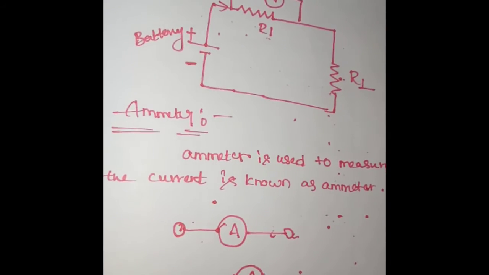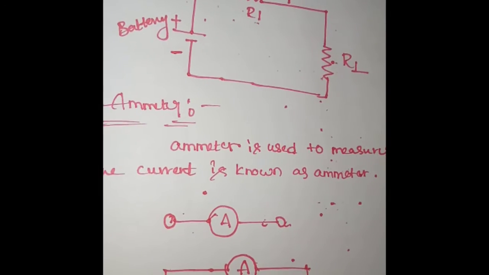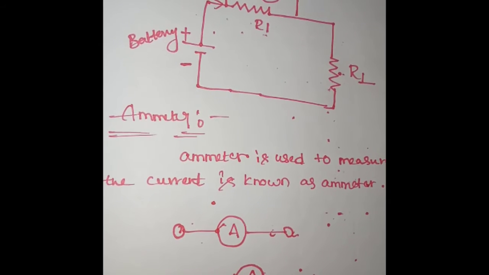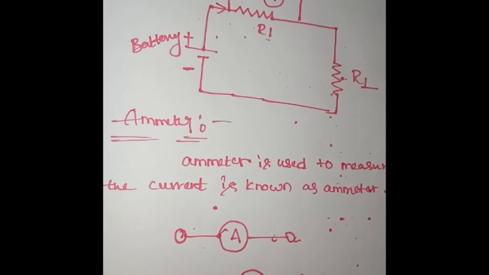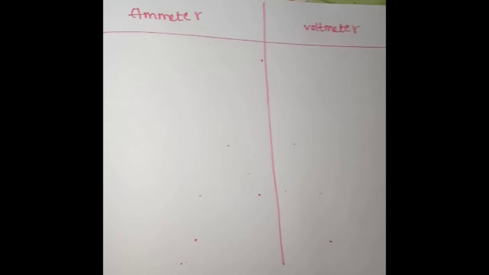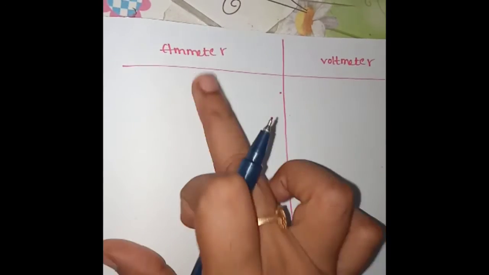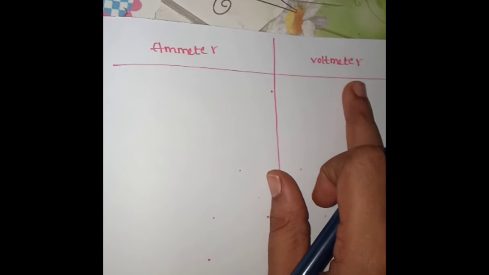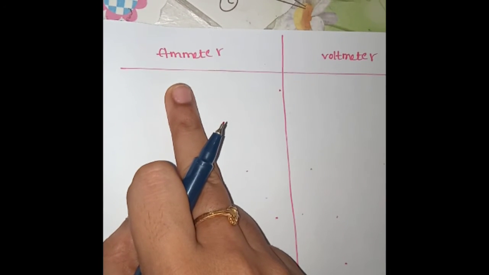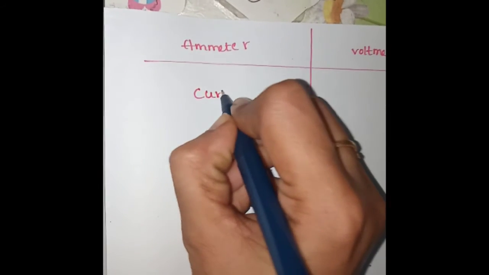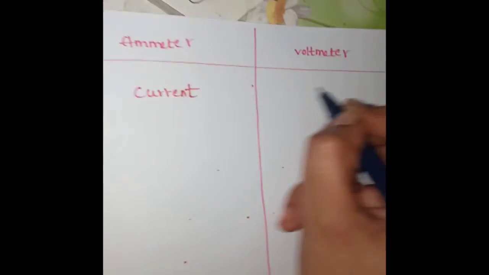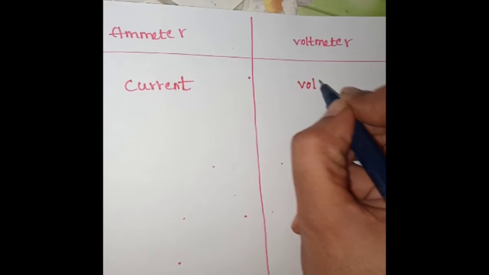Coming to one more thing, the basic comparisons between the ammeter and voltmeter. See here, the basic differences between the ammeter and voltmeter. The definition of an ammeter is that it is used for measuring the current only, but a voltmeter measures the voltage.